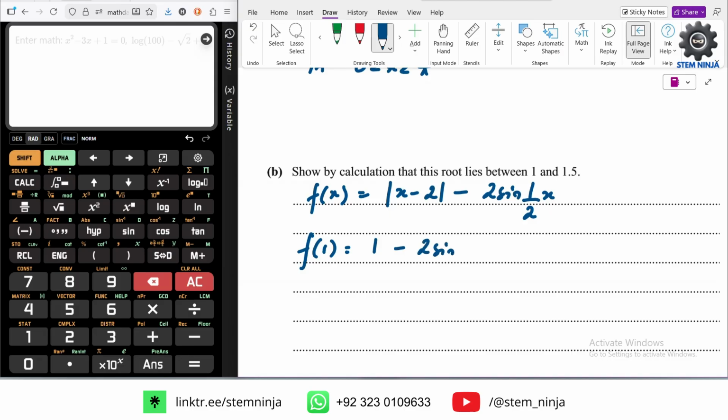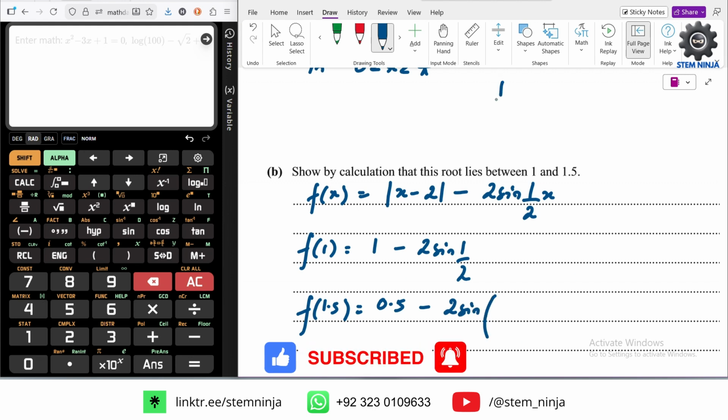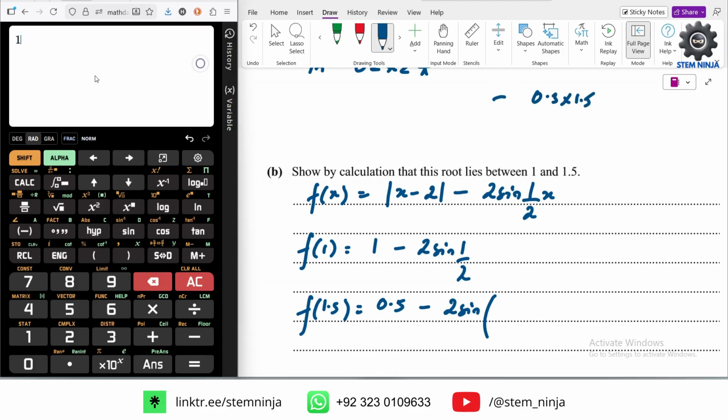Minus 2 sine half of 1. And for 1.5, 1.5 minus 2 is minus 0.5, but mod would turn it into 0.5 minus 2 sine half. We can do 0.5 times by 1.5. So this is 1 minus 2 sine 0.5.